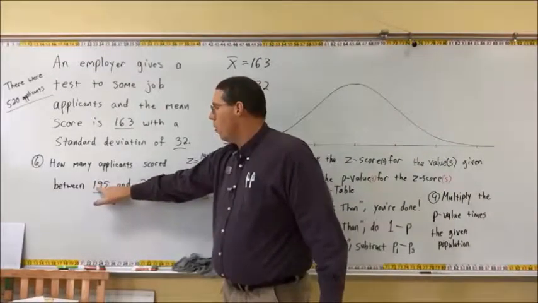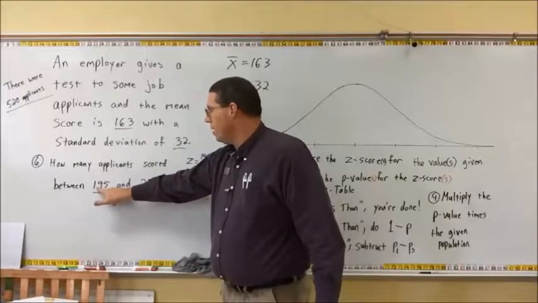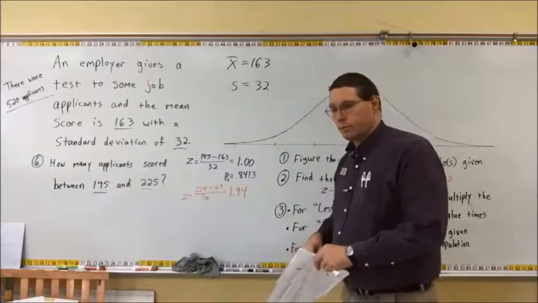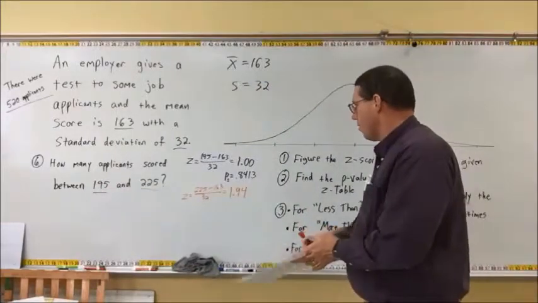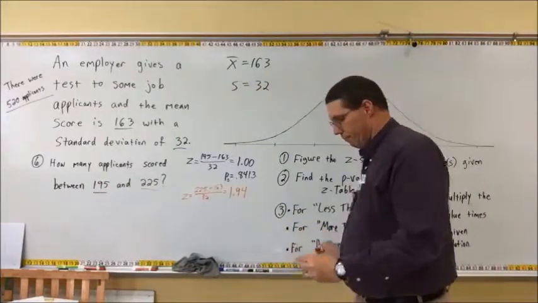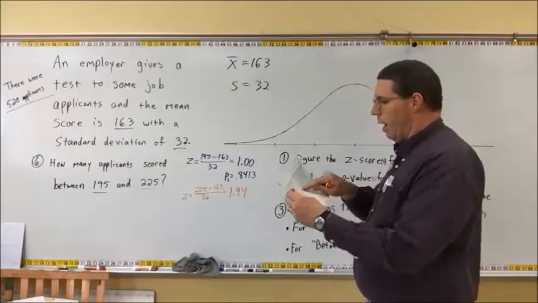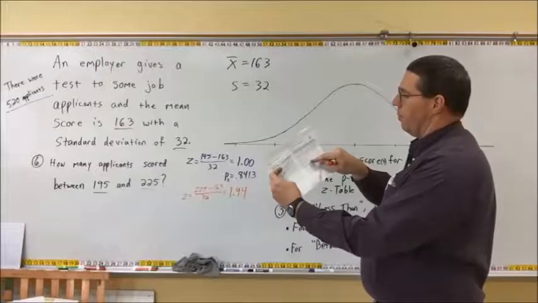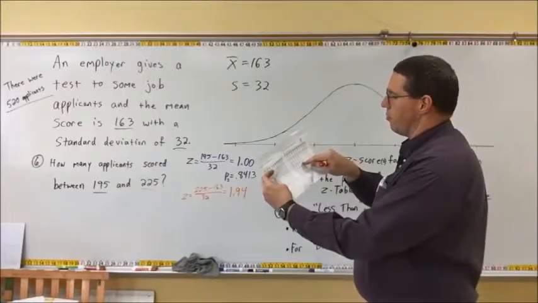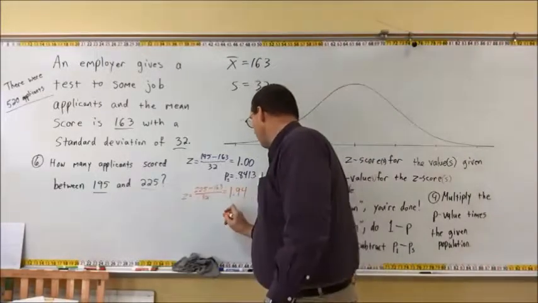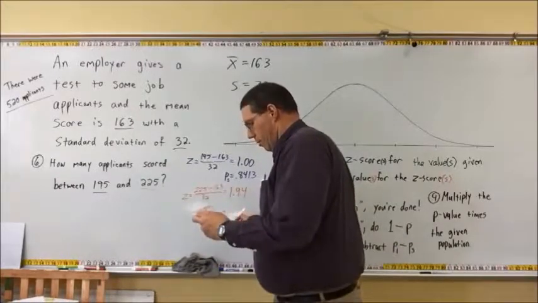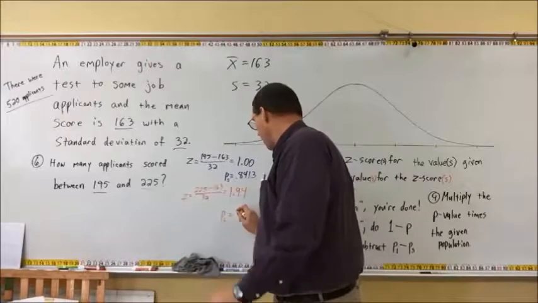Smaller numbers always have smaller z-scores and p-values than larger numbers. Now let's look up 1.94. 1.9, and then we go over to the column with a 4 at the top. 1.94 is 0.9738, the larger p-value.